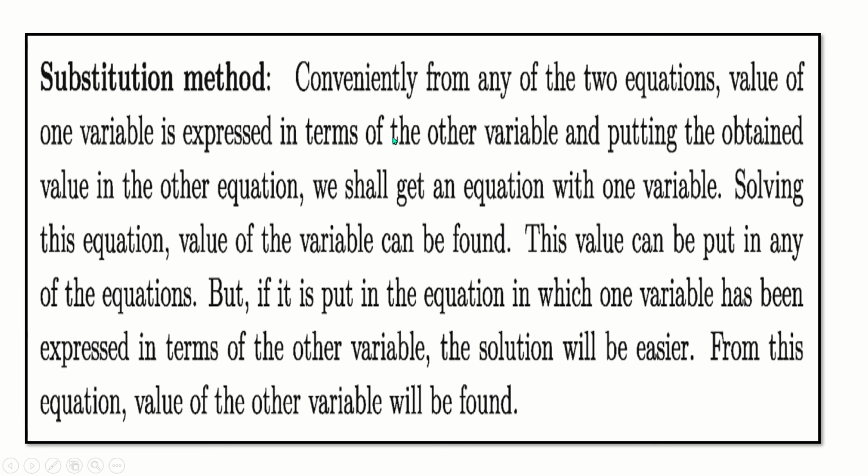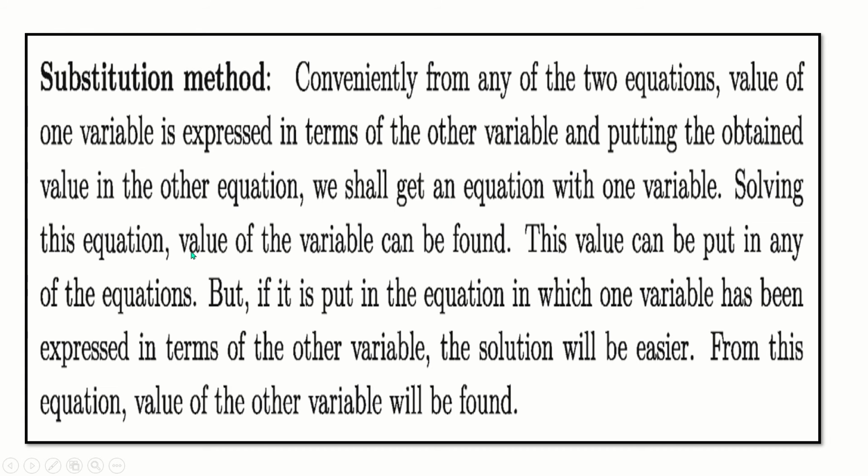Substitution method. Conveniently, from any of the two equations, the value of one variable is expressed in terms of the other variable, and putting the obtained value in the other equation, we shall get an equation with one variable.